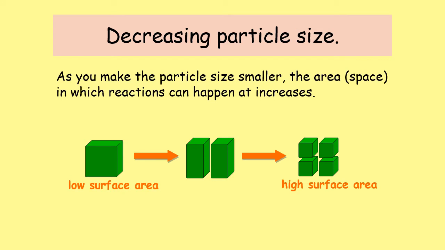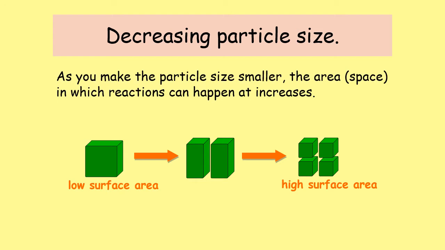Now, decreasing particle size, what that means is breaking up a solid into smaller and smaller pieces. So that could be, in the most extreme case, taking something like a brick and grinding it up to a powder. That's what we're talking about whenever we are talking about decreasing particle size, breaking something big up into something smaller.